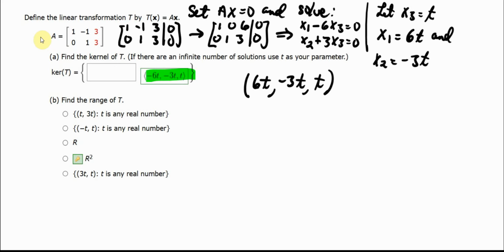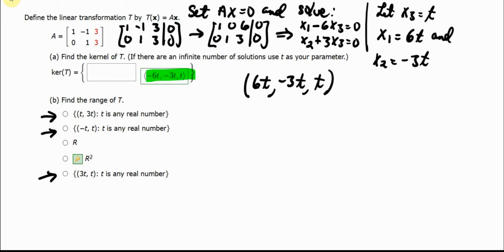Here it says find the range of t, and it says that the range. Now watch this. We look at these and we say, could it be this, or could it be that one, or could it be that?